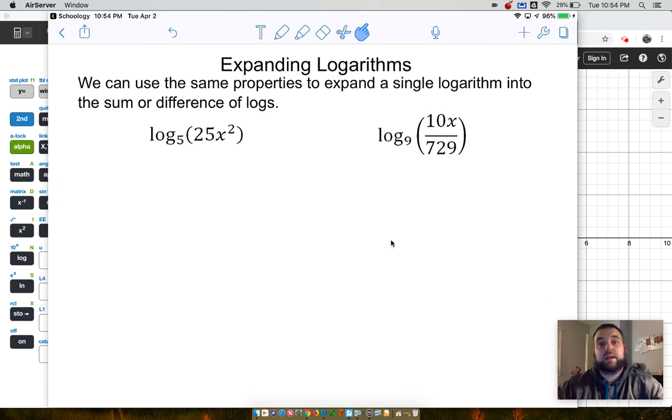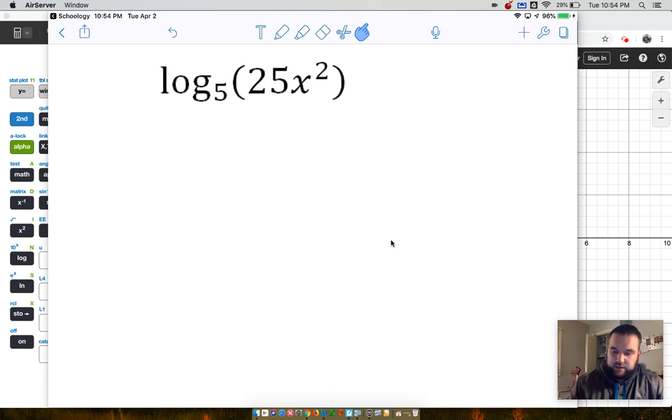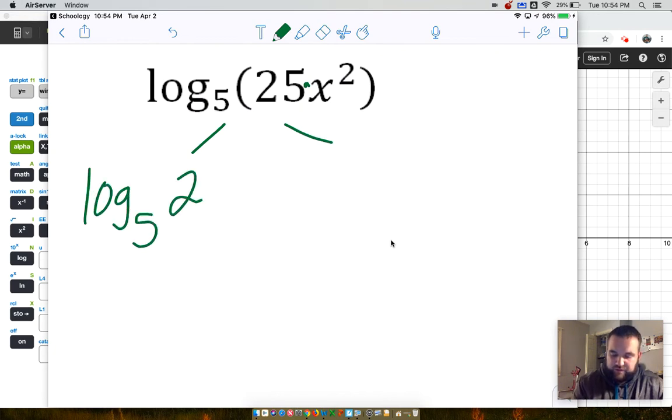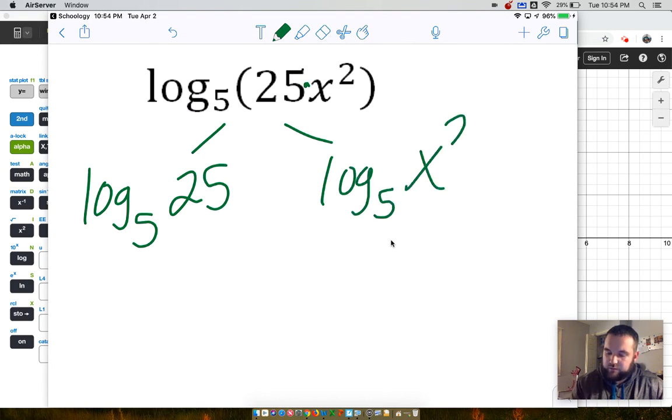The flip side of that is expanding logs. Sometimes it's useful to take a logarithm that's got a bunch of stuff going on inside the argument and to split it up. So if I look at this, this is telling me I want to take log base 5 of 25 times x squared. So I'm going to split this up into log base 5 of 25 and log base 5 of x squared.